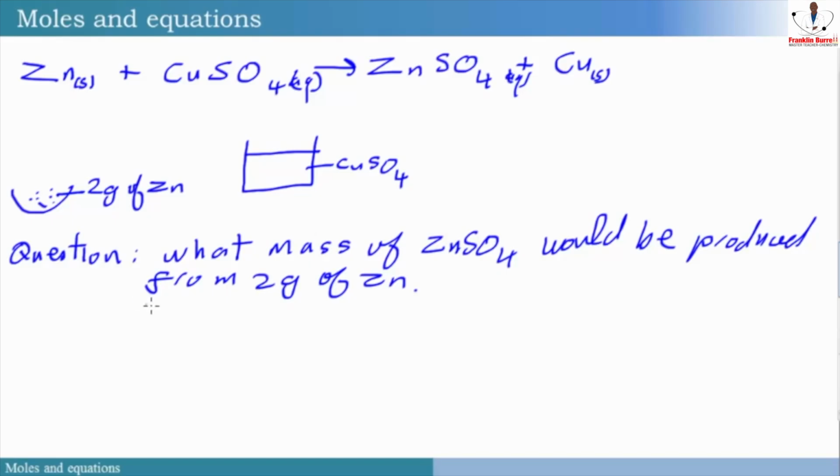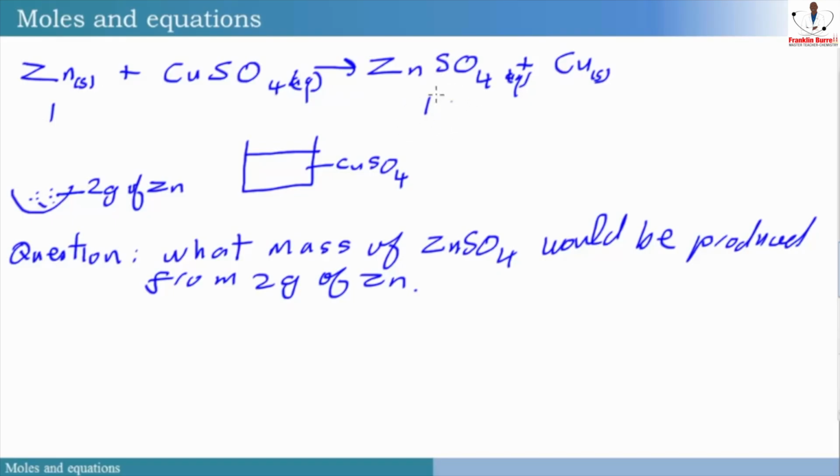So, first thing to do again is to always balance the equation. If you check this equation, you would see that it is balanced. We are then going to convert 2 grams of zinc into moles. After which, we're going to use the mole ratio between zinc and zinc sulfate, in this case 1:1, to find the moles of zinc sulfate.